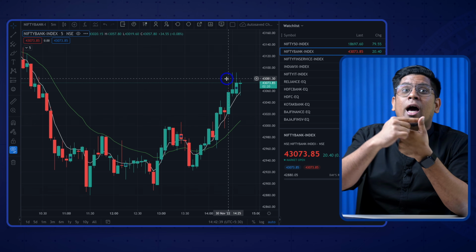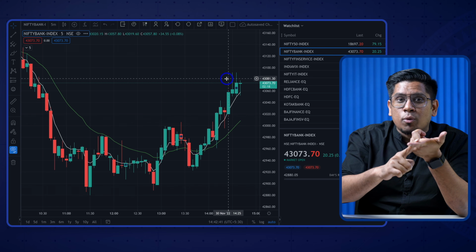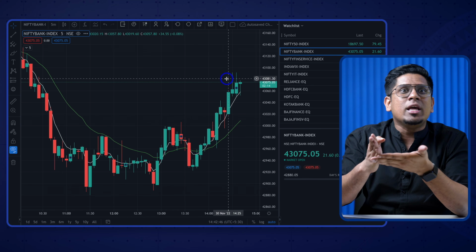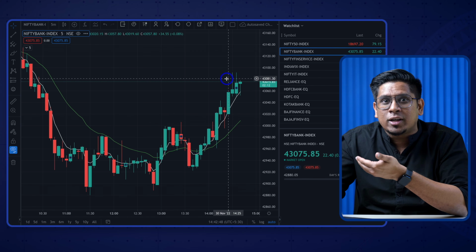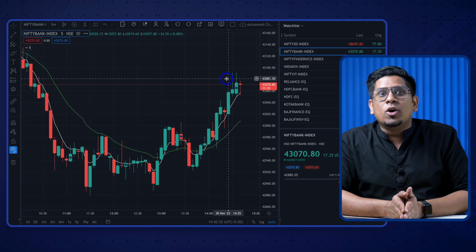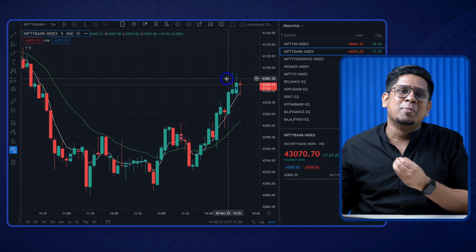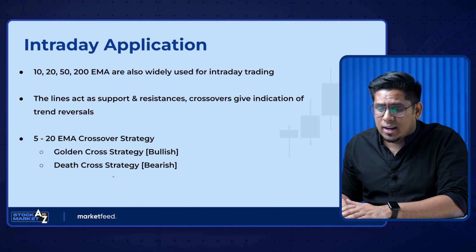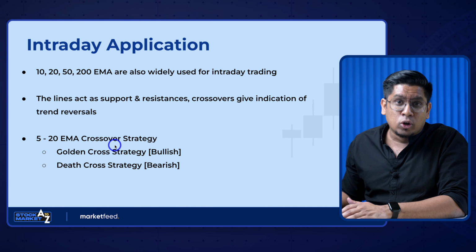And when you have high probable setups and a good risk reward, it is not necessary that you need to win every single time. You need to only win maybe 60 or 70% of the time. But if you have a good stop loss in place and your risk reward is good, then why wouldn't you make money in the long term, right? I hope you get the point here. So that is that regarding the 5-20 EMA crossover strategy.